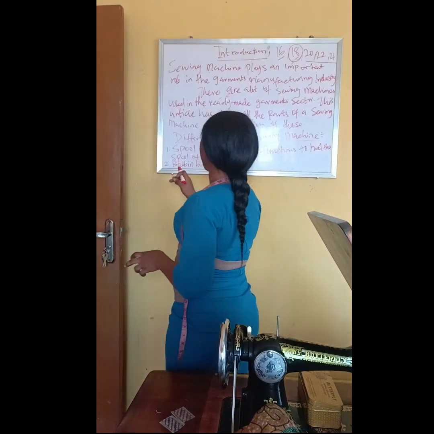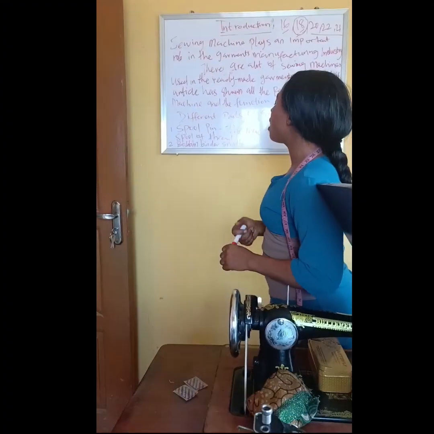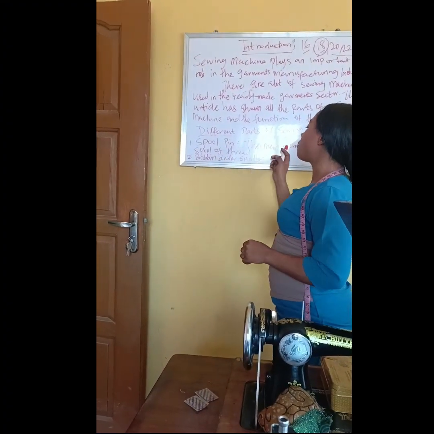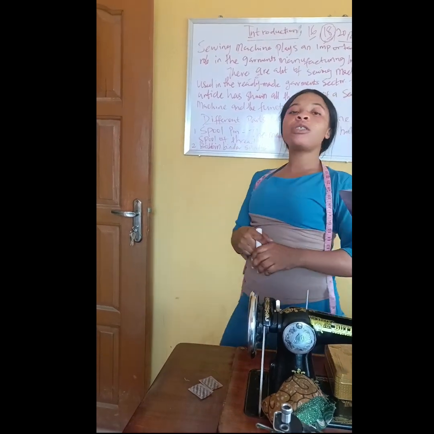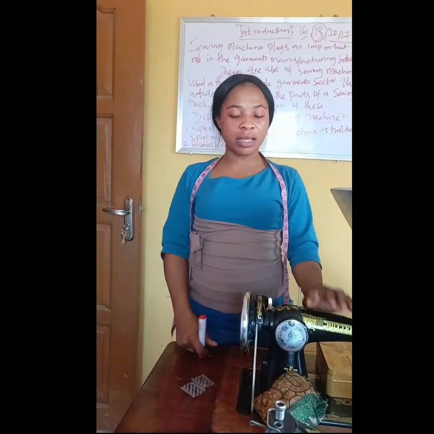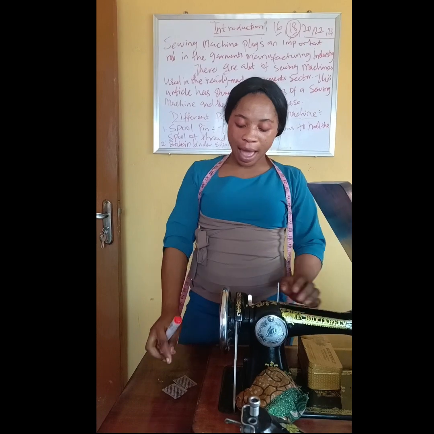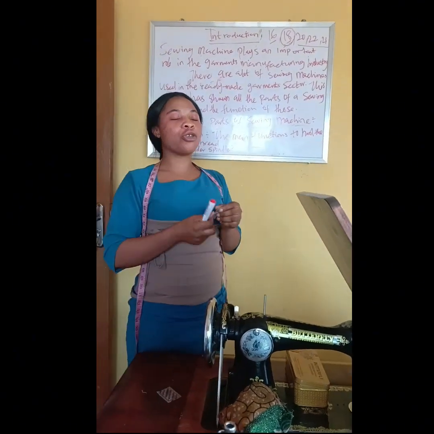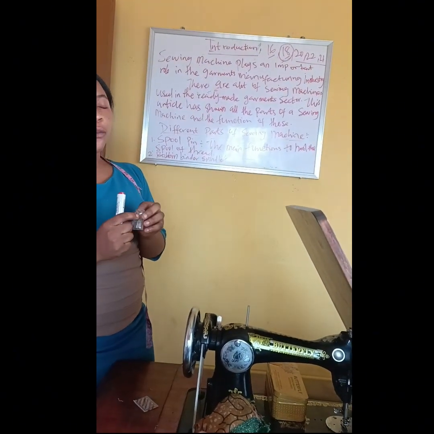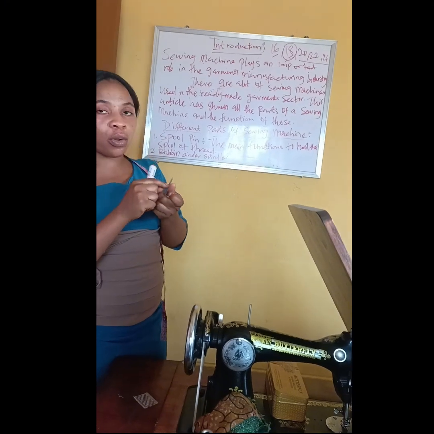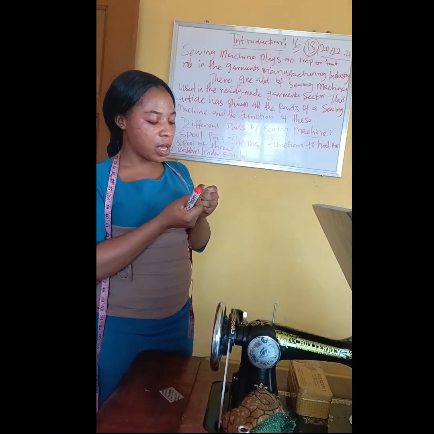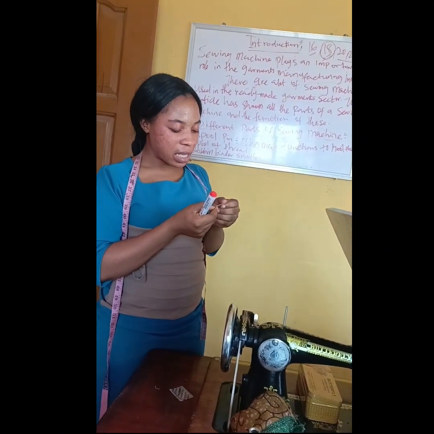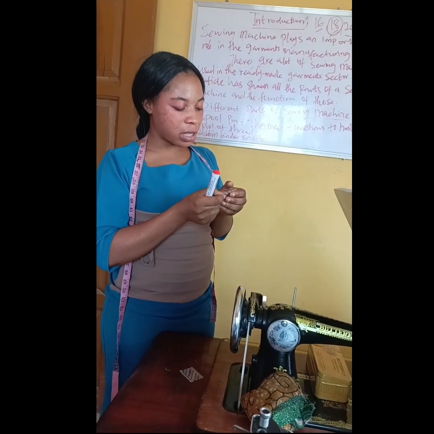So now let's come down to the skill of the trade. Imagine I have this needle, in the mouth of the needle we already have a hole. If you look at it very well, a part of it is tiny and the other part is bigger.